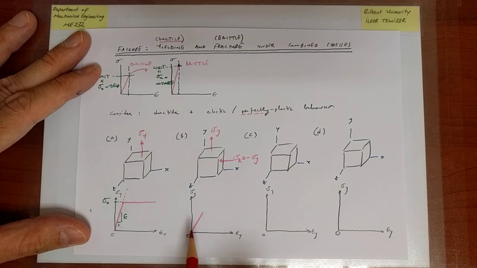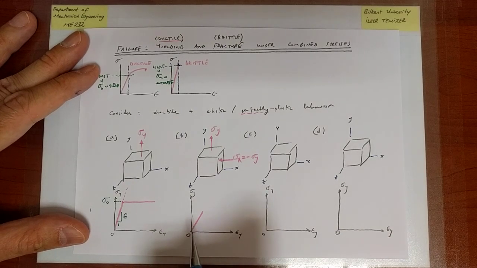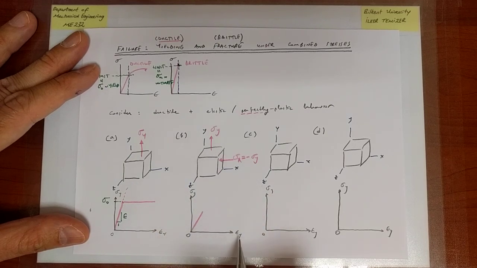Okay, and if you want to think about that for a second, I'll give you time, right? But if you pause the video, then you can remember at this stage that generalized Hooke's law can help us predict the Young's modulus of sigma y versus epsilon y in this particular case.